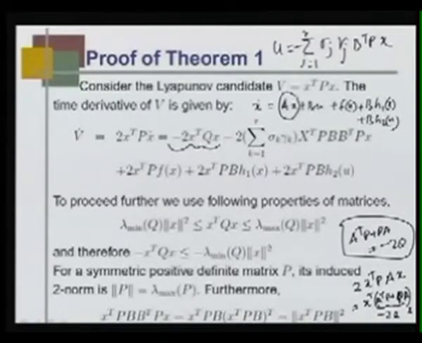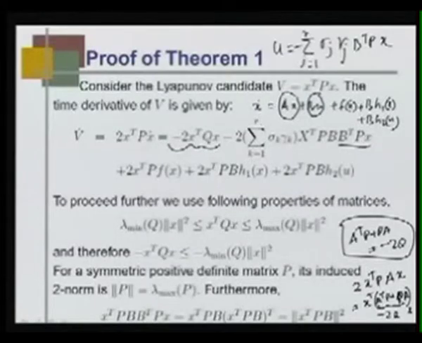Now, let me take care of B u. So, how do I write it? If I put B u here, it is 2 x transpose P B u. Here u has B transpose P x, and the other quantity is the sum over k equal to 1 to r of sigma k gamma k. Since we already have j inside, instead of j we write k.